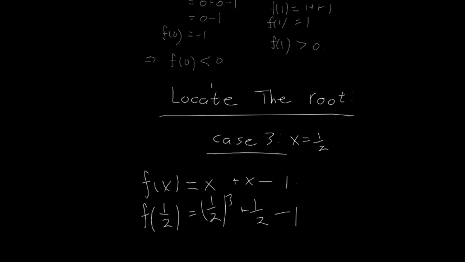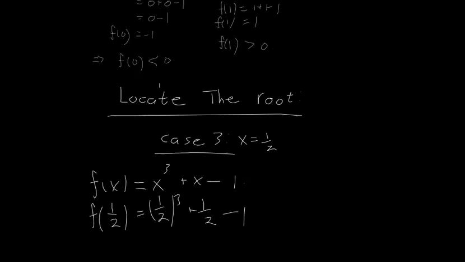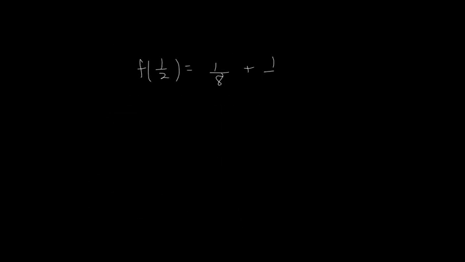Now we're getting this. Let's go to the next page. 1/2 all cubed is 1/8. The other part here is plus 1/2 minus 1, which gives me -1/2, right? -1/2 plus 1/8.